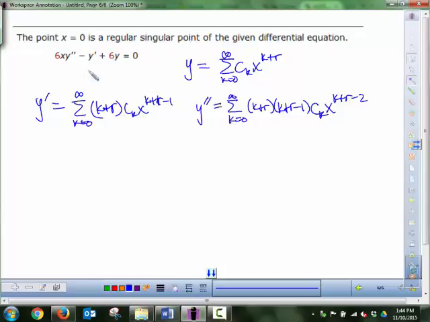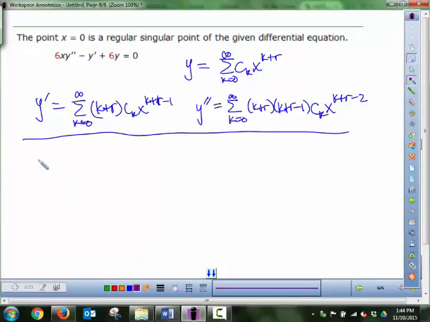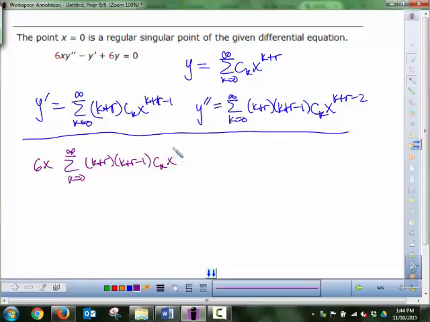So now you put these into your differential equation, and you get 6x times the second derivative, k goes from 0 to infinity. I'm rewriting everything over again. This is the way the book does it, and it may be more efficient.